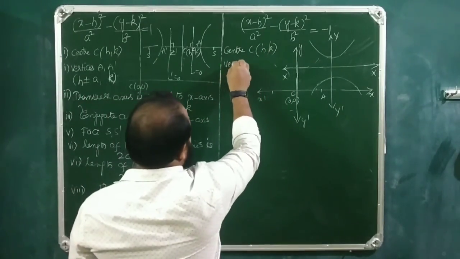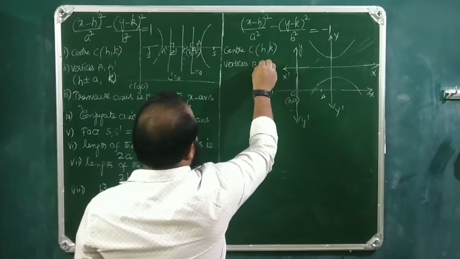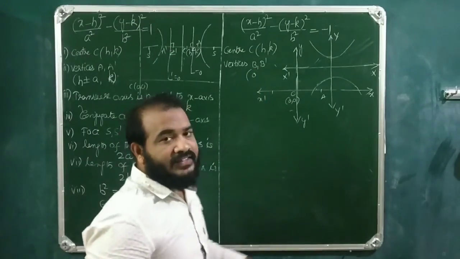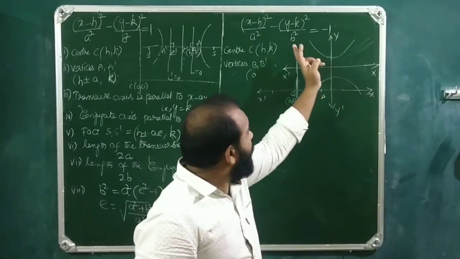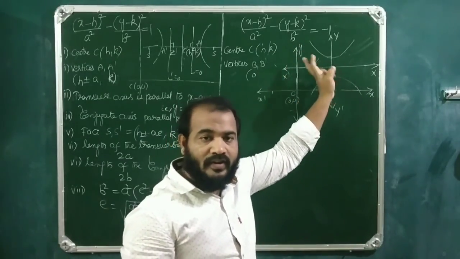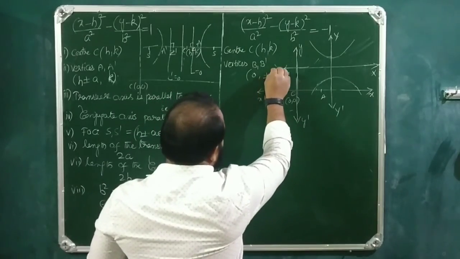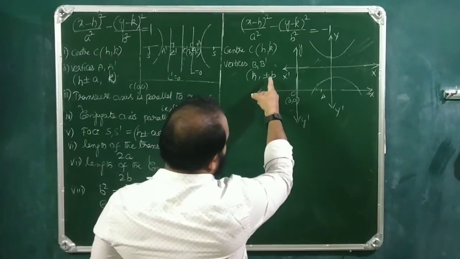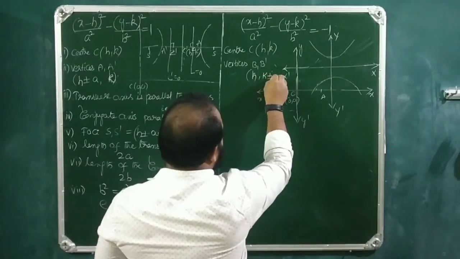Vertices: earlier they are 0 comma plus or minus b, as we have seen in x square by A square minus y square by B square equals to minus 1. Here with 0, h would be added, and with plus or minus b, k would be added. So the vertices are h comma k plus or minus b.